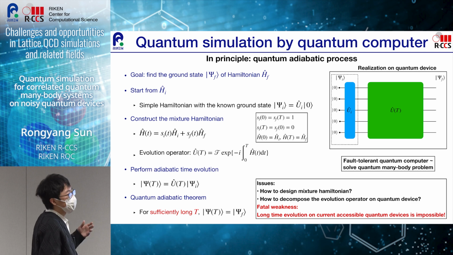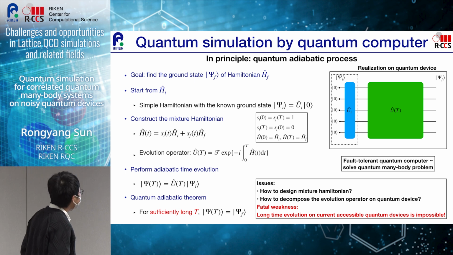This ground state can be created by applying a simple unitary operation on the vacuum. In a quantum computer, the vacuum is nothing but the 0 state, so you can prepare this initial state easily.